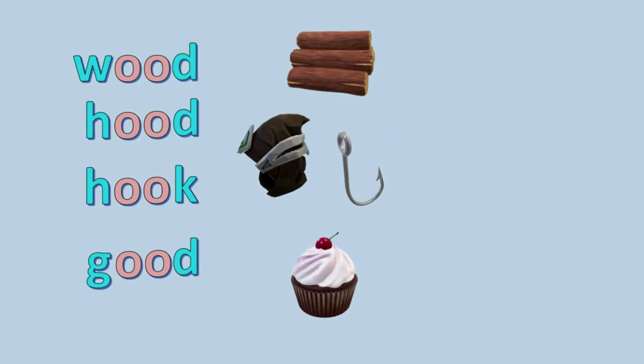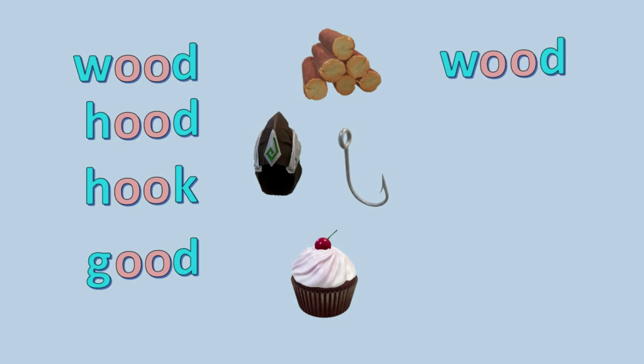Now let's go back to wood. These letters spell the word for the wood that trees are made of. But if I say, "What would you like for breakfast?" I'm using a different wood. And it's also spelled differently.